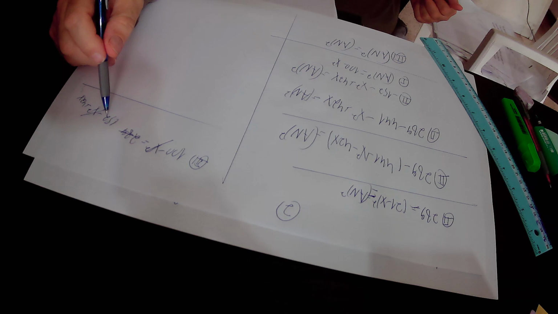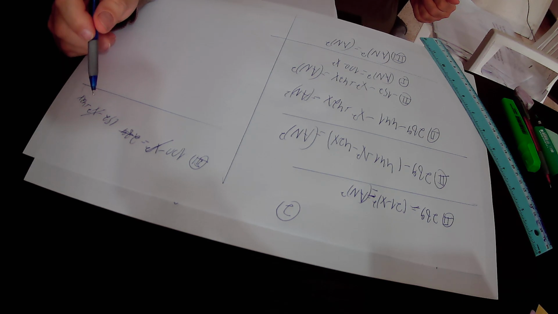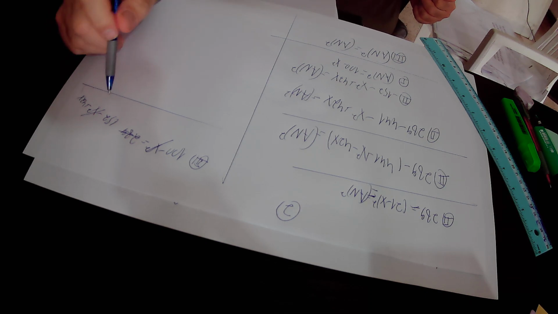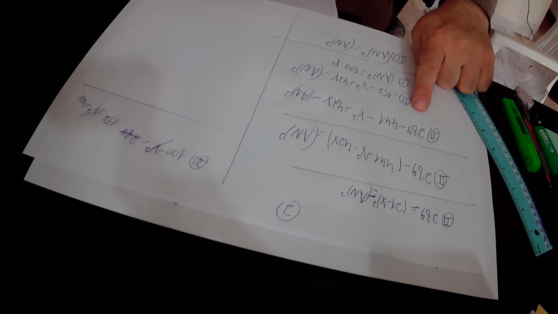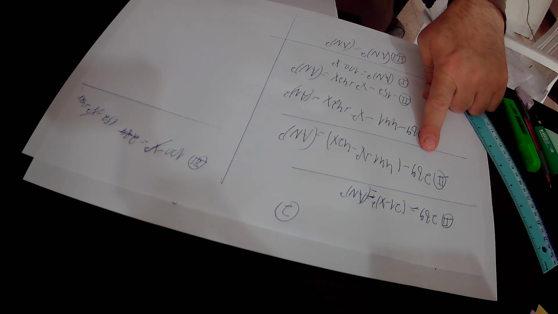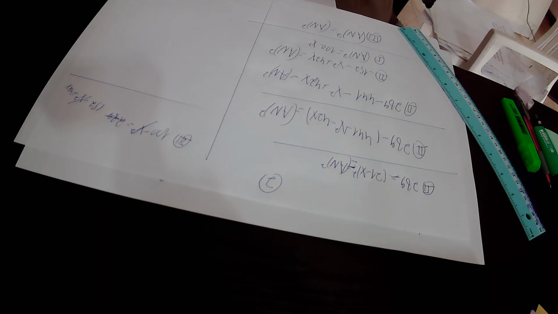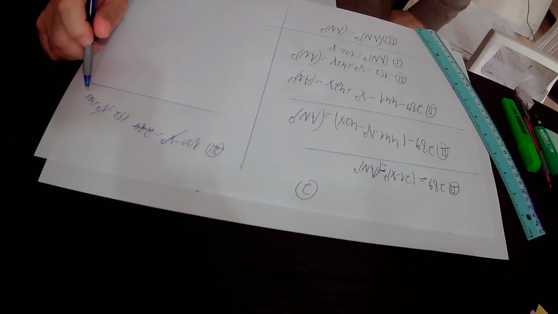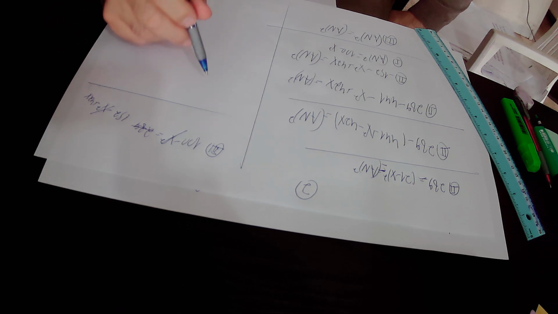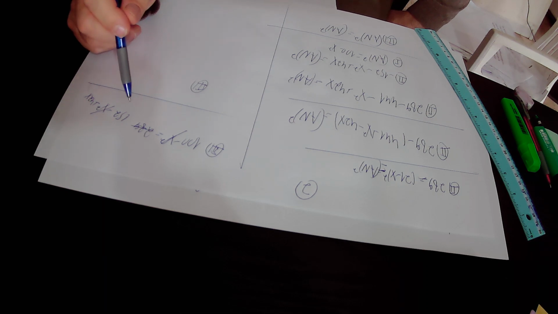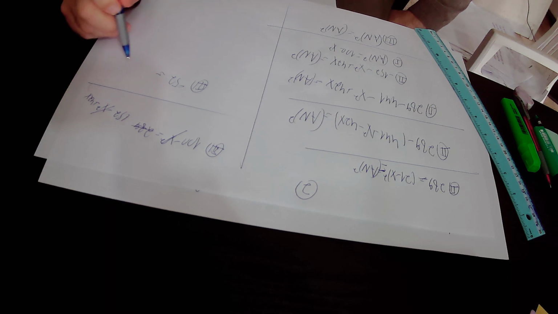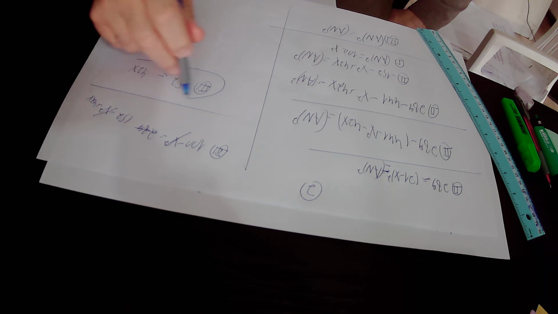We subtract 152 from this equation, and we get 100 minus 152 is minus 52, which equals 42x. So here I have a mistake.